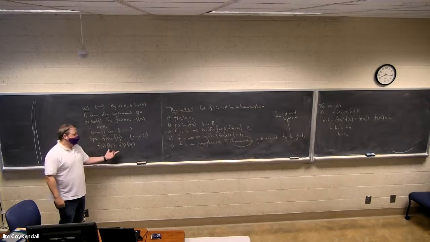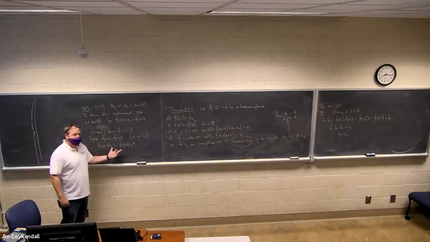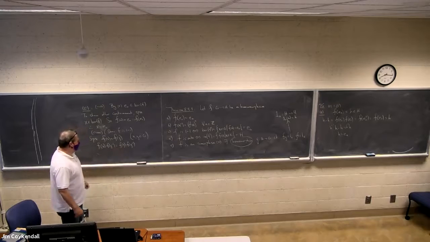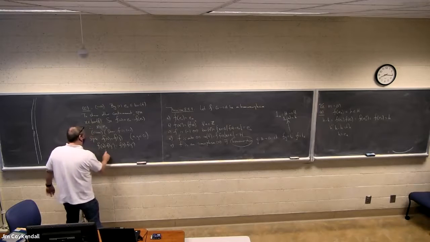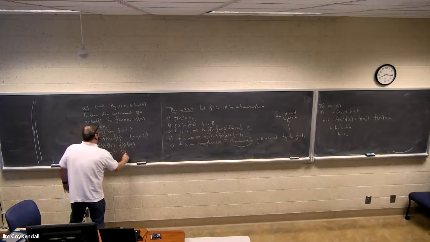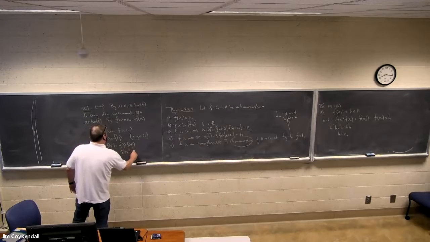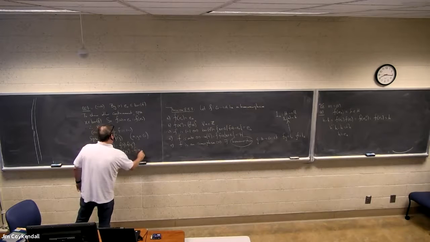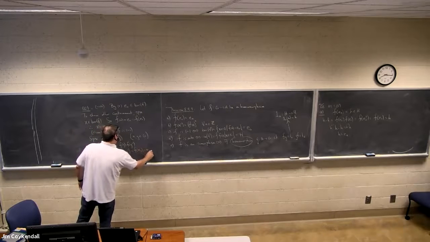Basically, I multiply on the right by y inverse. That's a good element, right? y inverse is in G, so I can do that with y inverse. And so this becomes f of x y inverse equals f of y y inverse, which is f of e_G, which is e_H.